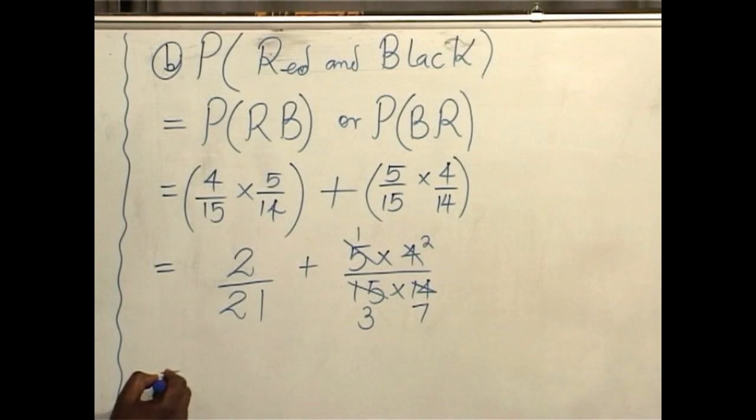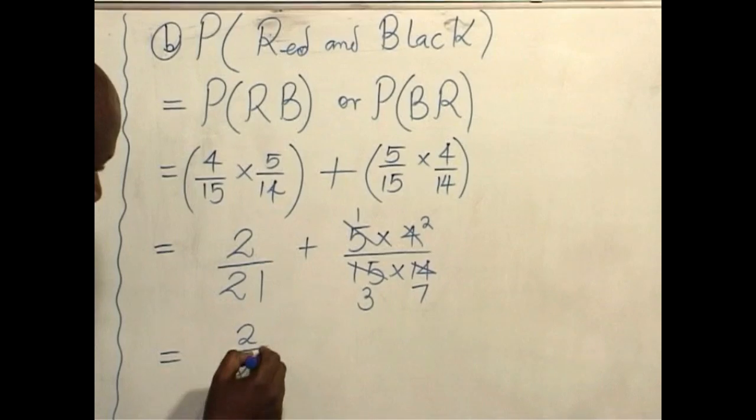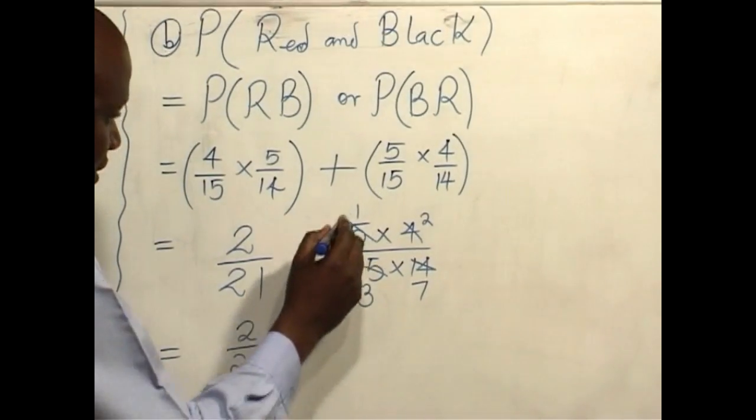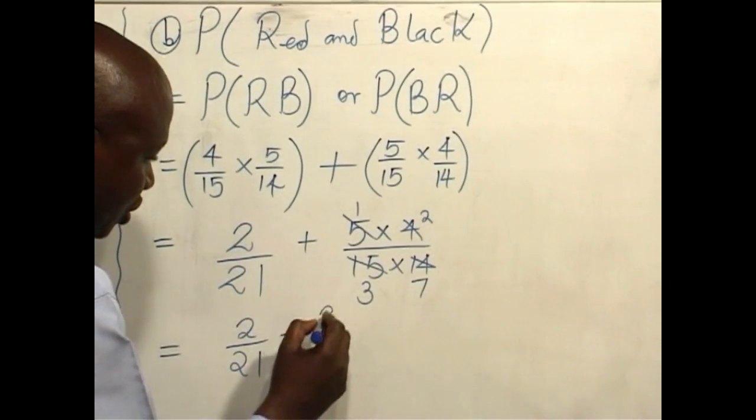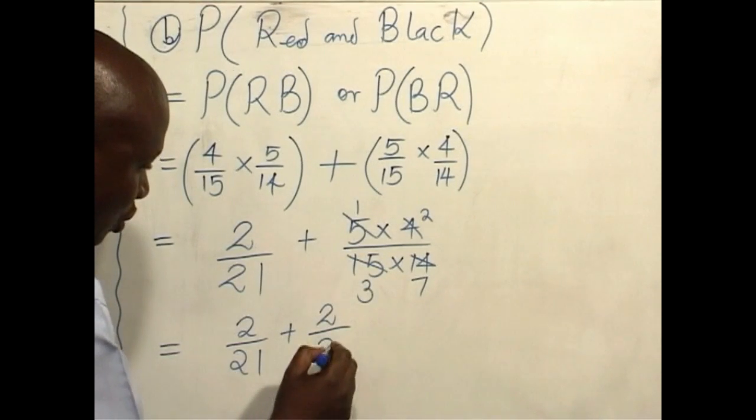When we proceed, we are going to have 2 over 21 plus 1 times 2, which is 2 over 3 times 7, which is 21.